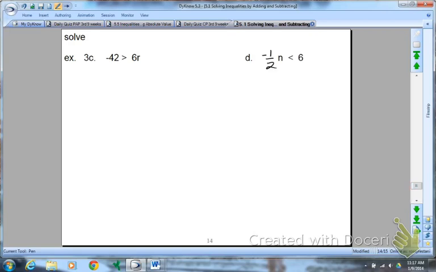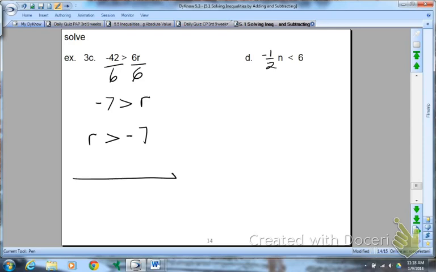Okay, example C, we're going to divide both sides by 6. So negative 42 divided by 6 is negative 7 is greater than r. Now, remember what I talked about the other day. When you're dealing with inequalities, the variable always has to be written on the left side. So we have to rewrite this and flip it around to say r is greater than negative 7.